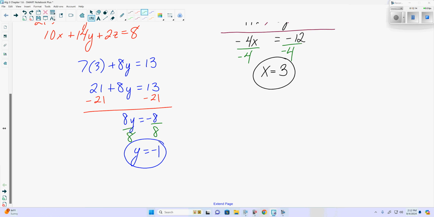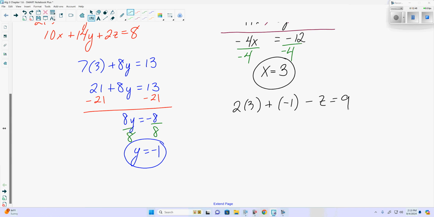x. Yes? Now we make it all the way back to the top, because we had 3 equations with 3 variables. We know 2 of them now. Now we just need to pick one of those. I'm going to borrow this sheet again. 2x, well, x is 3, plus y, minus z is equal to 9.